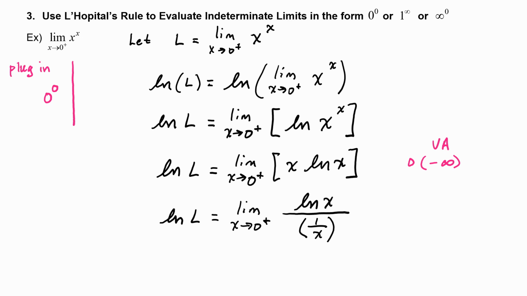So now, if we check by doing direct substitution, plug 0 from the right into the numerator, natural log of 0 coming in from the right we know is negative infinity. In the denominator, if x goes to 0 from the right, then 1 over 0 plus goes to positive infinity. Now that we have a form of negative infinity over positive infinity, we are allowed to use L'Hopital's to get to the next step.